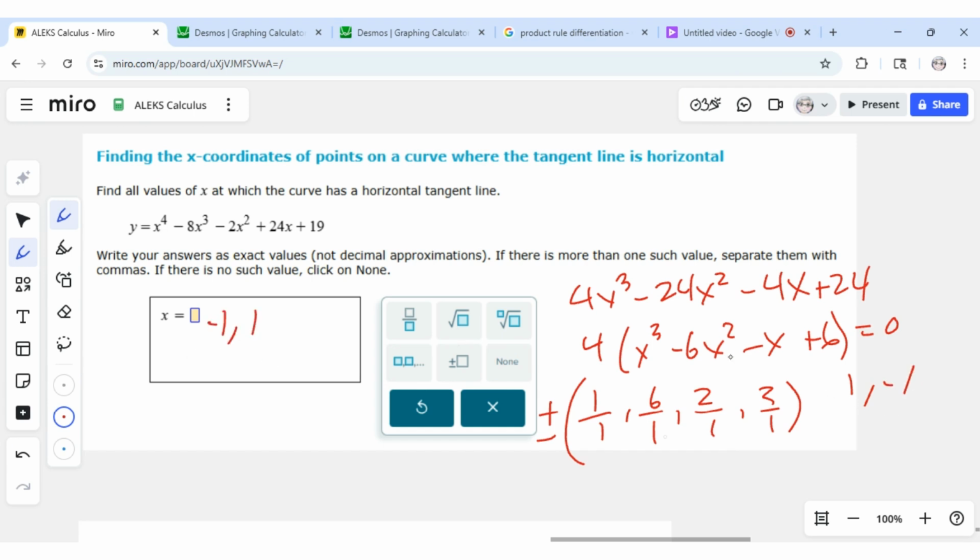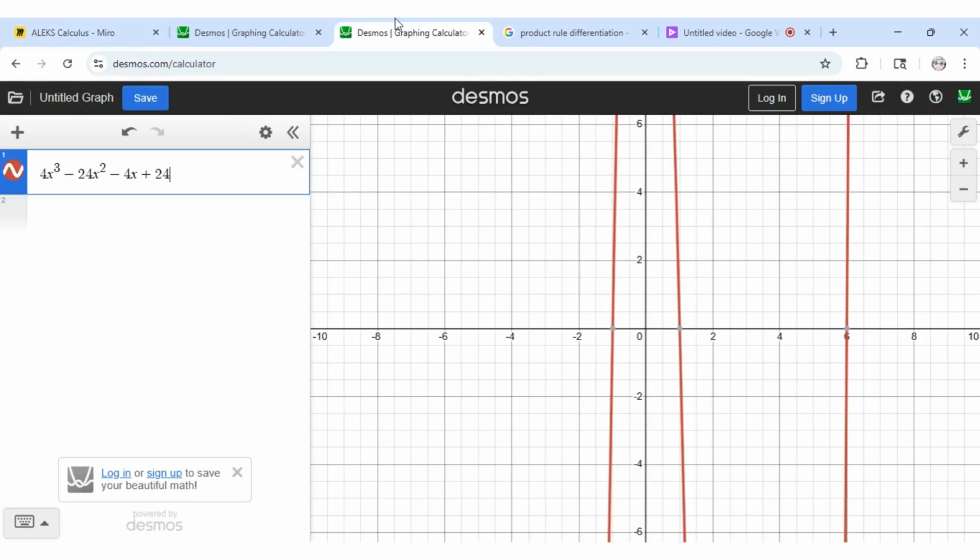But there might be others, and I don't know that I want to go to the trouble of testing all these in this kind of complicated, hard to crunch equation. So I think at this point, I'd probably just use a graphing calculator. And what I did in this case is I just put in the derivative. So instead of looking for the place where the slope of the tangent line is 0, we'd actually look for the zeros of this function.